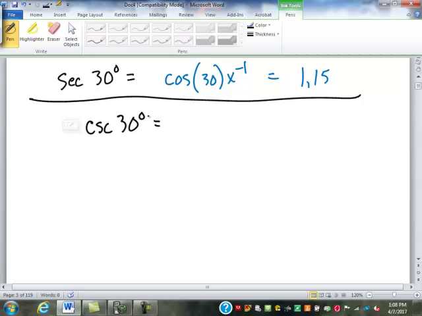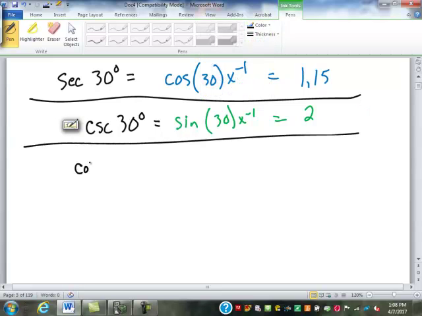Do cosecant of 30 degrees. What function are we going to use? Sine. 30, close the parentheses, x negative 1 gives us 2. Cotangent of 30 degrees.